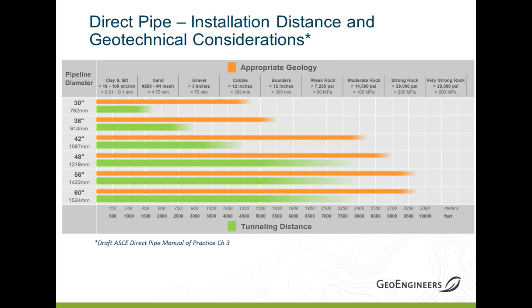So this is a pretty good graph that we've developed for the draft ASCE manual of practice, and I'll just give a quick update on that. We've gotten most of the writing done on that, and it's right now in a peer review process with our Blue Ribbon Committee.